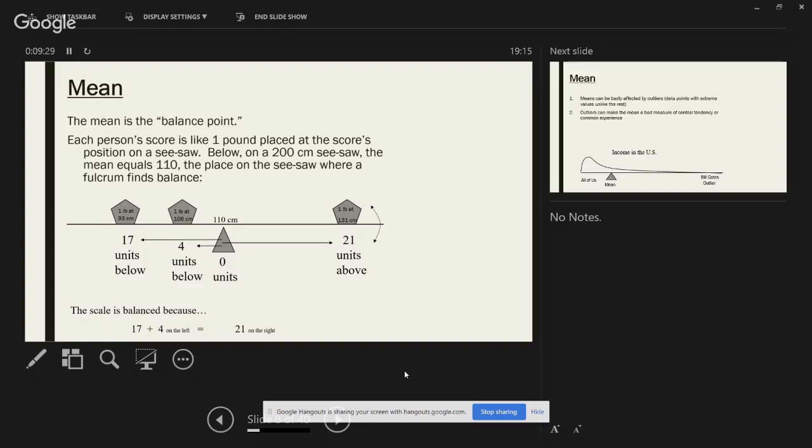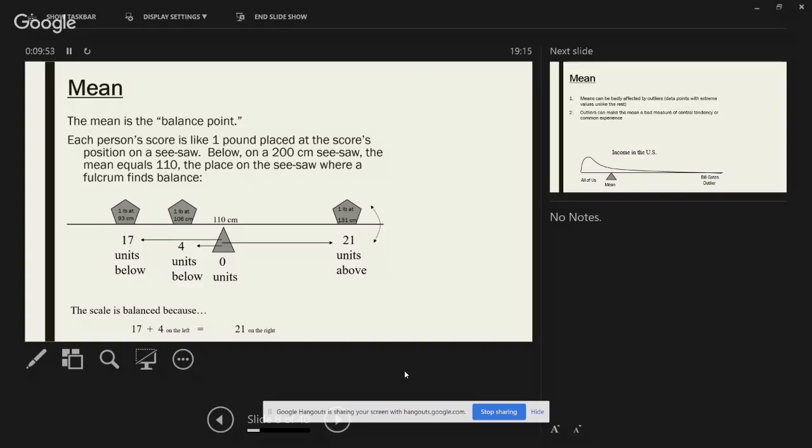We have three weights kept on our seesaw, the line we have is 200 centimeters. One of the weights, which is 1 lb, is kept at 93 centimeters. Another one is kept at 106 centimeters, and the last weight, again of 1 lb, is kept at 131 centimeters.